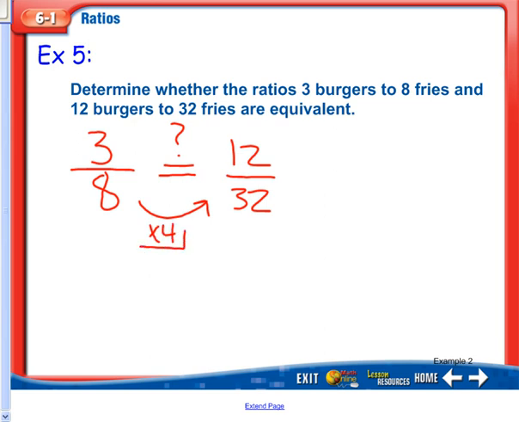We multiply by 4. So because of that, we can see, does 3 times 4 equal 12? 3 times 4 indeed does equal 12. So showing that as my work, again, on homework we'd have to write the whole problem down on our sheet. Being able to see that they both multiply by 4 tells me that these ratios are indeed equivalent.